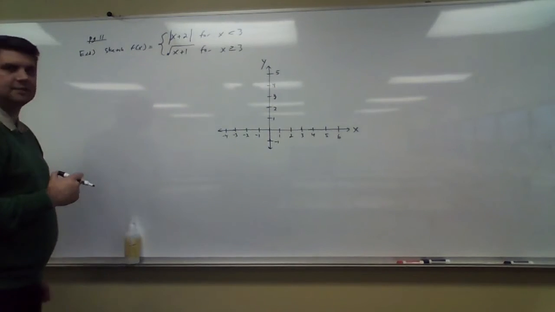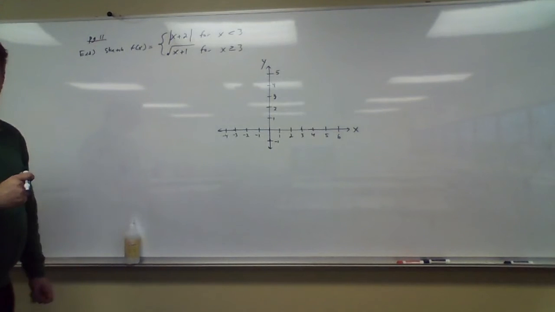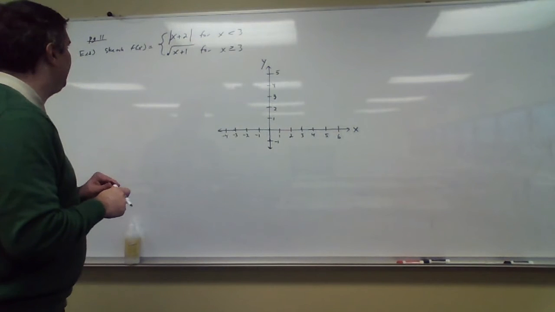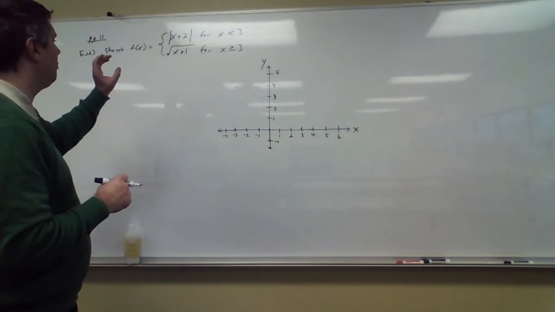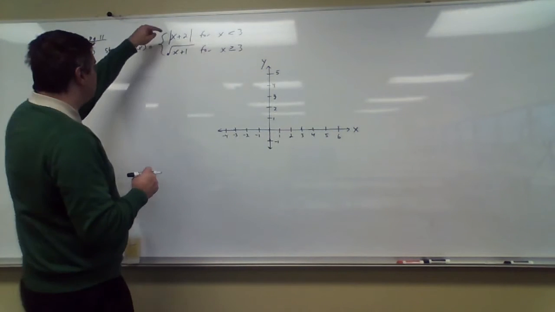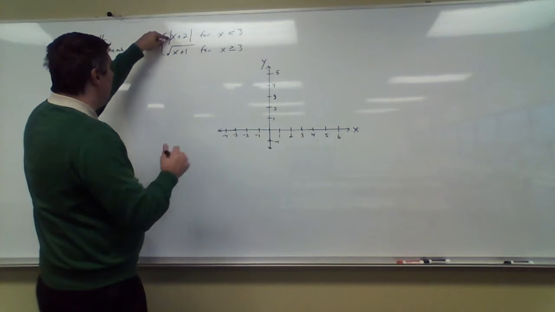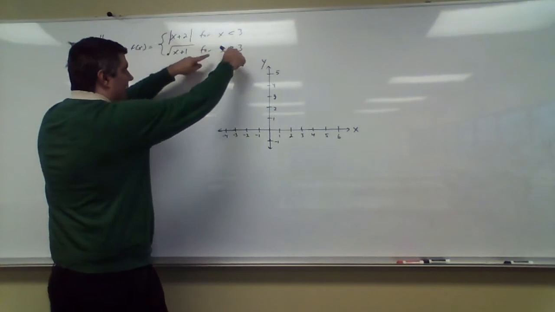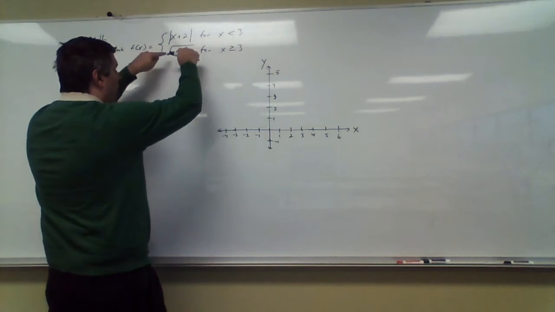Okay, this is called a piecewise function. What we're going to be doing here is a function which follows different rules depending on where we're at. This is one piece. If x is less than 3, we'll follow that rule. When x is 3 or more, we'll follow that rule.